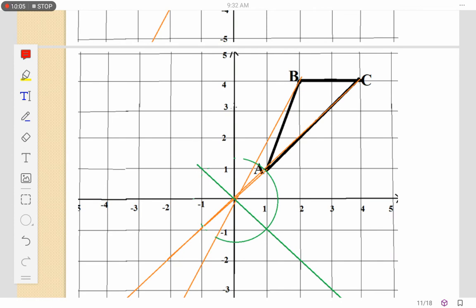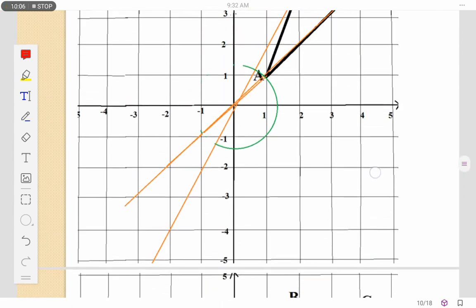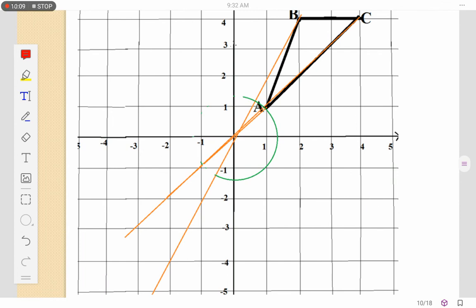Once I have my arc, I'll take my protractor and go on the line passing through A there. Then I'll measure my 90 degrees.